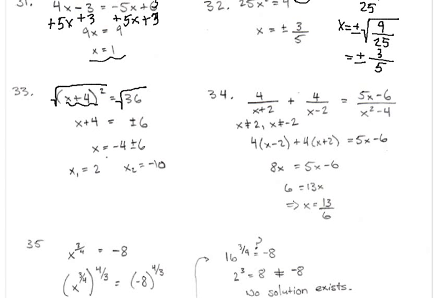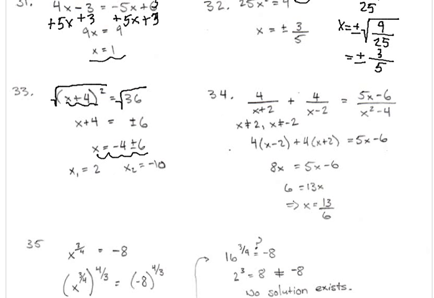So this is what you would get if you did all that work, but easier. Our first solution is x sub 1 equal to 2. Our second solution is x sub 2 equal to negative 10. If I put negative 10 or 2 into this expression, I would get out 36.